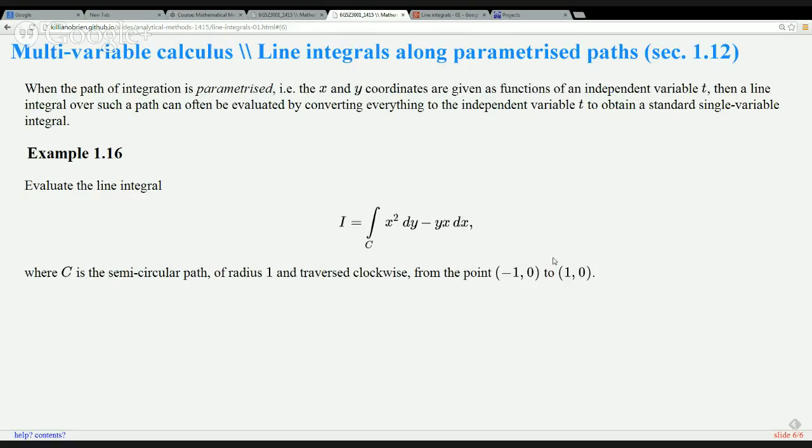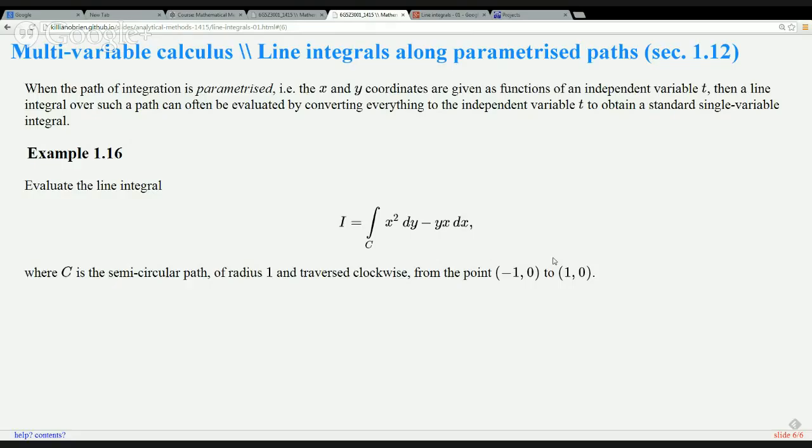So we'd have to replace the differential dy by all of this here. Well, not so nice.